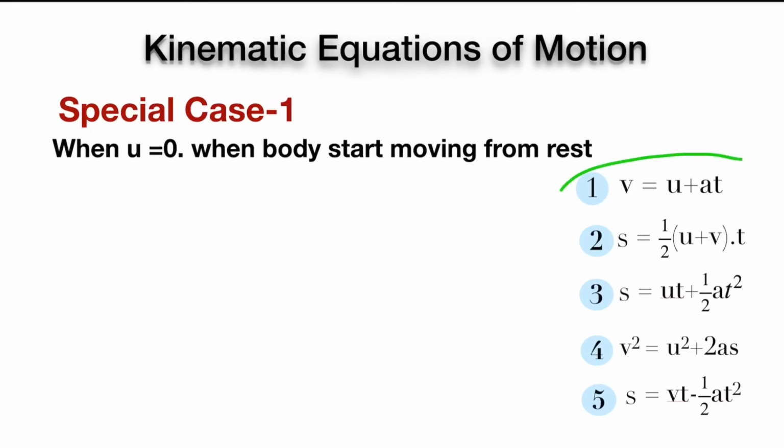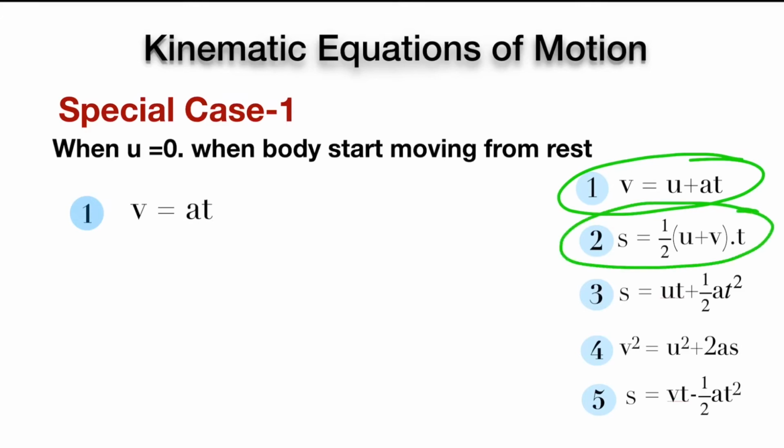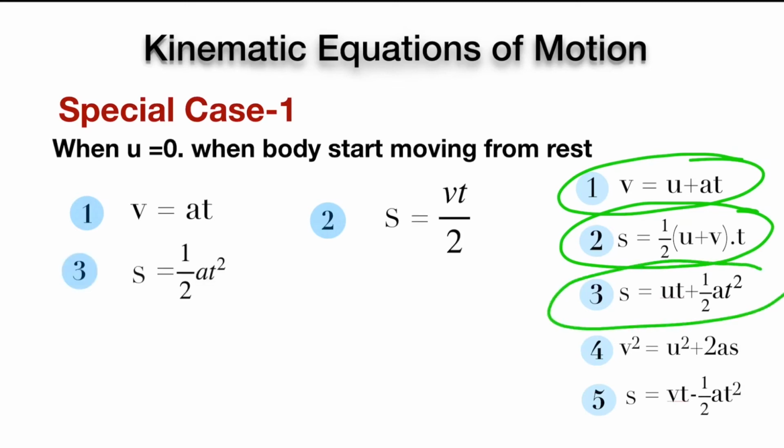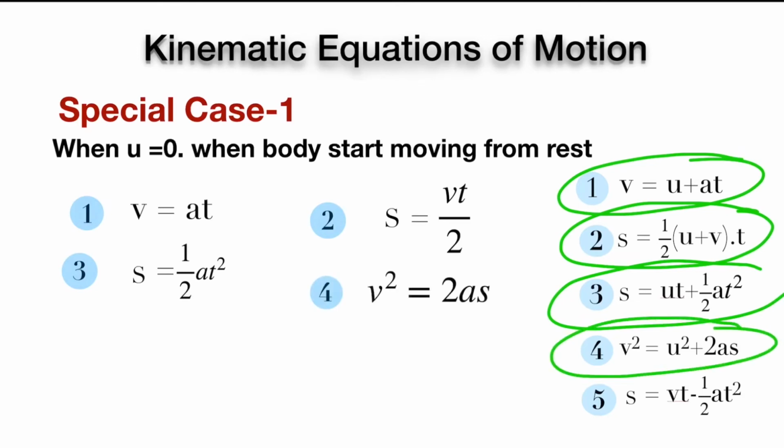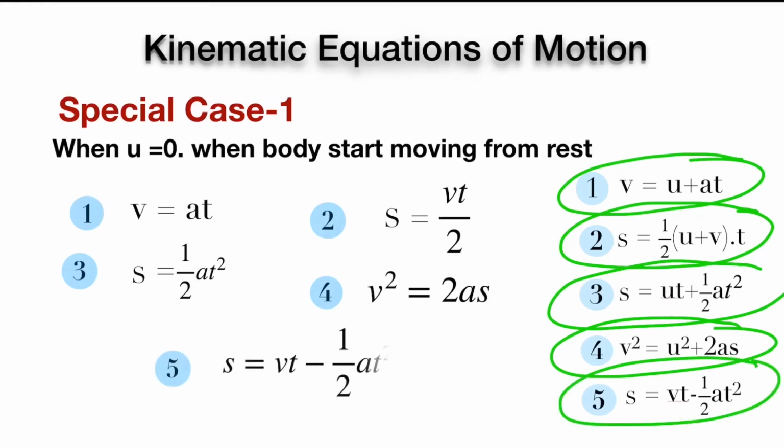Equation number 1 becomes v is equal to at. Equation number 2 reduces to s equal to vt by 2. Equation number 3 reduces to s equal to half at square. Similarly, equation number 4 will be v square equal to 2as. And equation number 5 will be s equal to vt minus half at square.